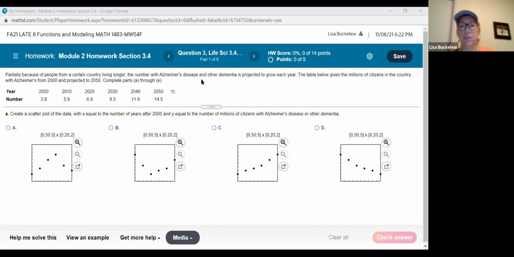Now, when you read through the description, it's not going to probably tell you what the start year is, but in the instructions, when it asks you to find the model, pay careful attention there, because that's where it's going to give you the start year.